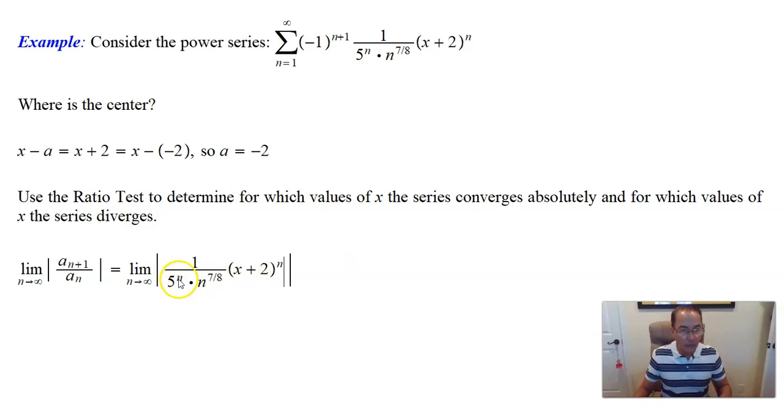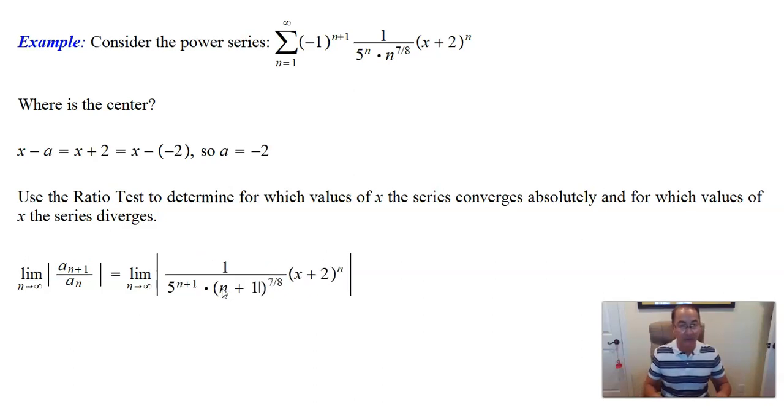So that n will become n plus 1. Let me copy this. There we go. That n becomes n plus 1, and that n becomes n plus 1. We are supposed to divide by this, but of course, instead of wasting our time dividing by this fraction, we will multiply by the reciprocal.